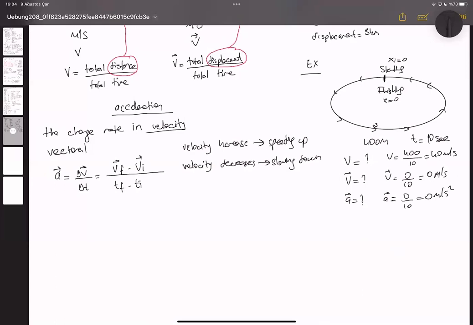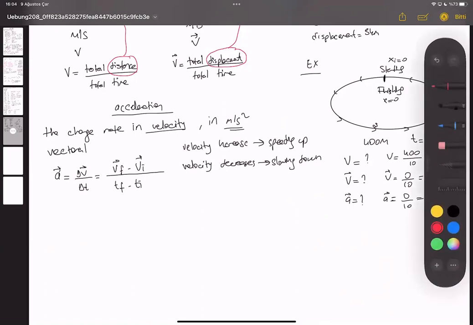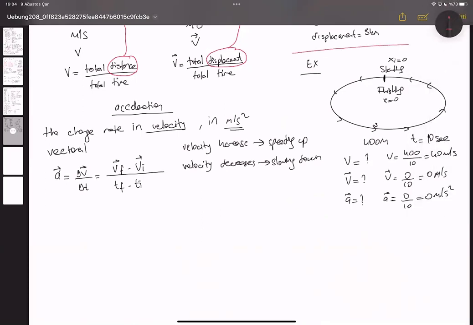So I will say another thing about the acceleration. Acceleration is in meters per second squared, look at the units. So we can say clearly distance and displacement are different things. Also, speed and velocity are different things.